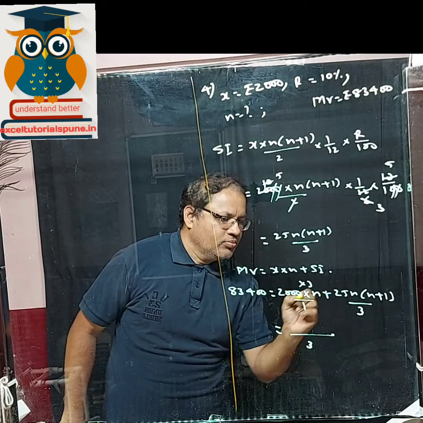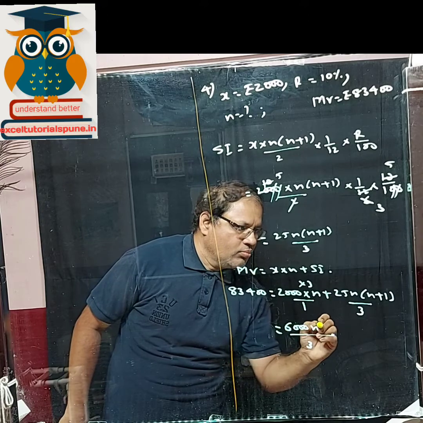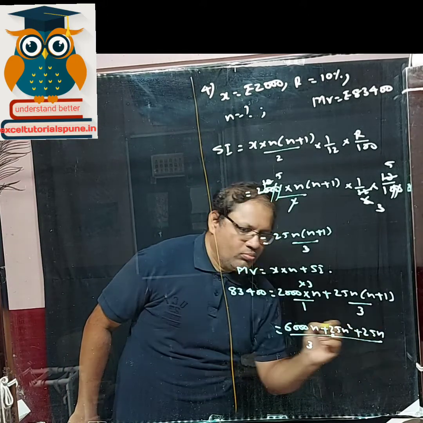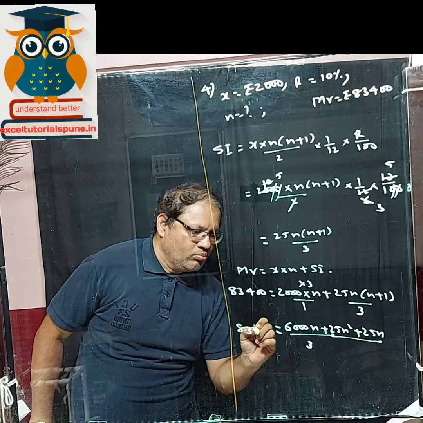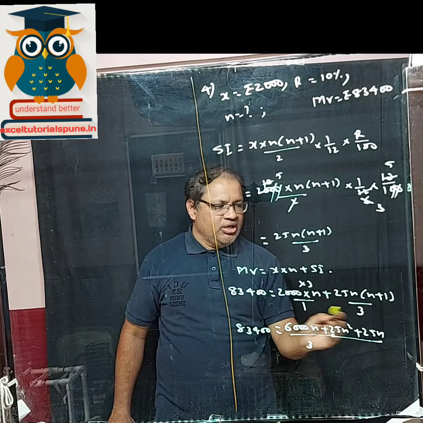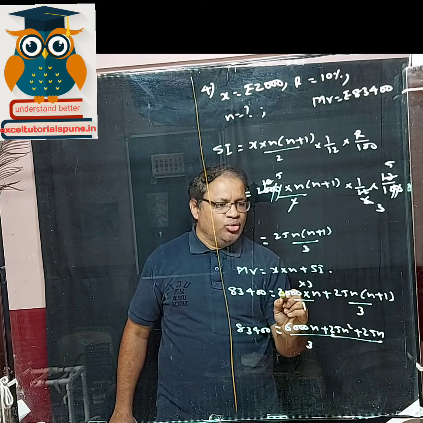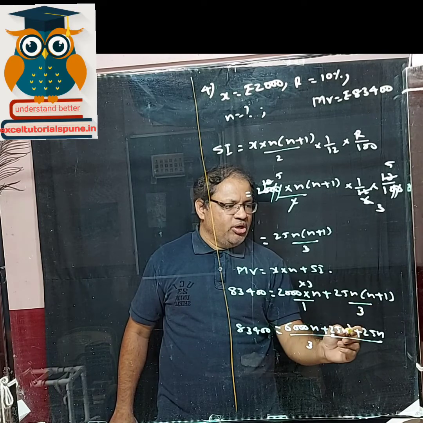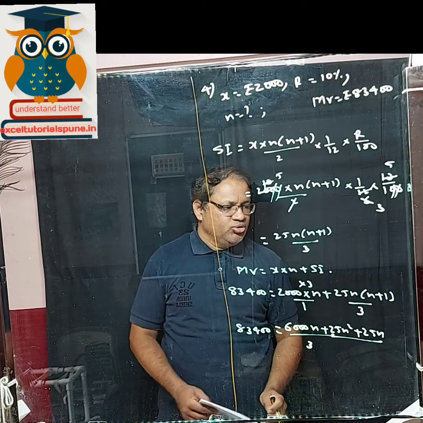Don't forget to take the LCM. So now over here 1 into 3, LCM is 3. So 3 into 2000, that is 6000n, and open the bracket, 25n into n is 25n square, 25n into 1 is 25n.